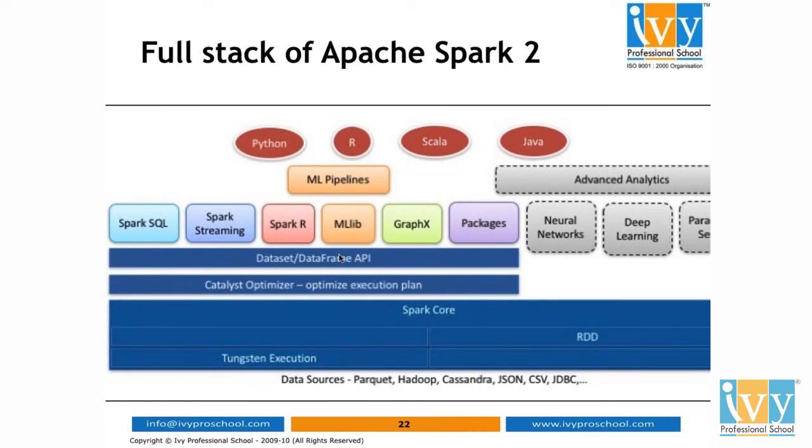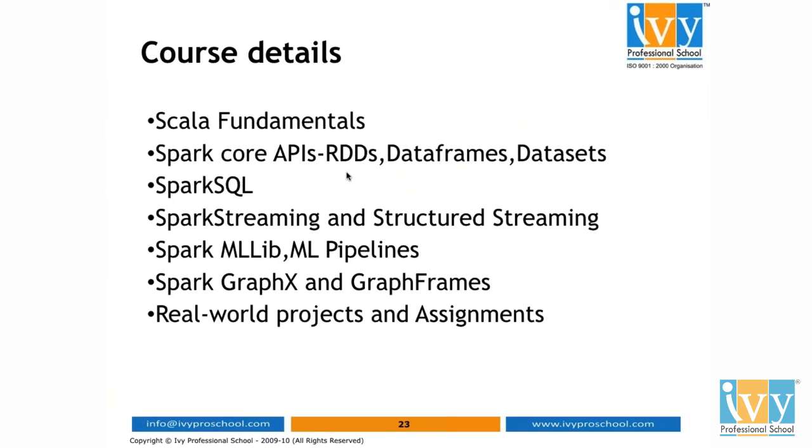In detail, we'll talk about them in the course, but these are the libraries that come with Spark. The course details are that we'll talk about Scala language fundamentals, Spark core APIs, Spark SQL, Spark Streaming, and the machine learning and graph libraries of Spark, and we'll be doing some real world projects and assignments.